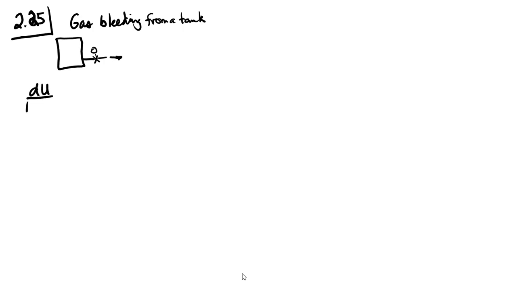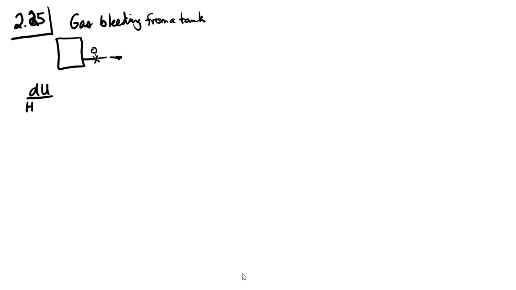So you've got gas bleeding from a tank. If you want to think of a little schematic, this basically means we have a valve, and either it's leaking by accident or we slowly open the valve, and we've got gas coming out of the valve. We want to show that dU over H, now your book uses H prime.